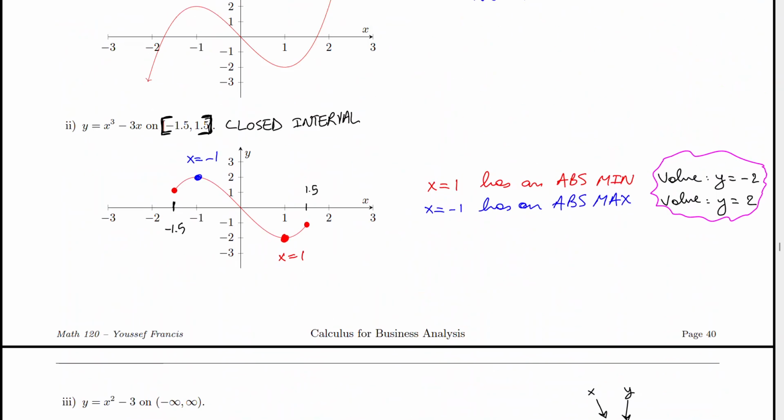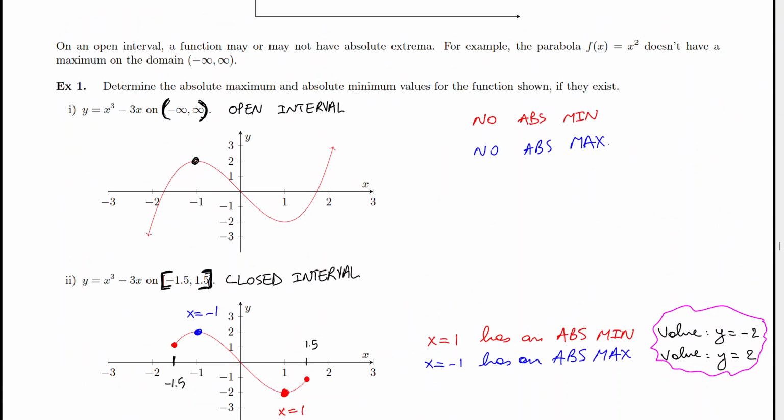So if I go back to the previous page, this right here, the point where x is equal to -1, might be considered a local maximum because in its own little region, the place where x is equal to -1 has a y-coordinate that seems to be the highest. So we're taking a very small restricted view of the graph. We're not looking at the full thing. We're only looking at a little piece of the graph.